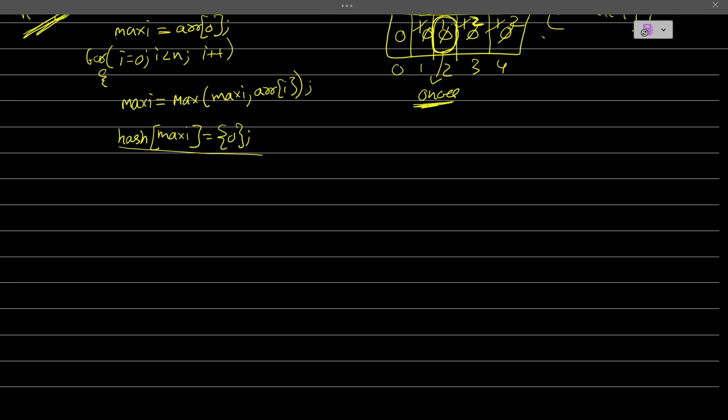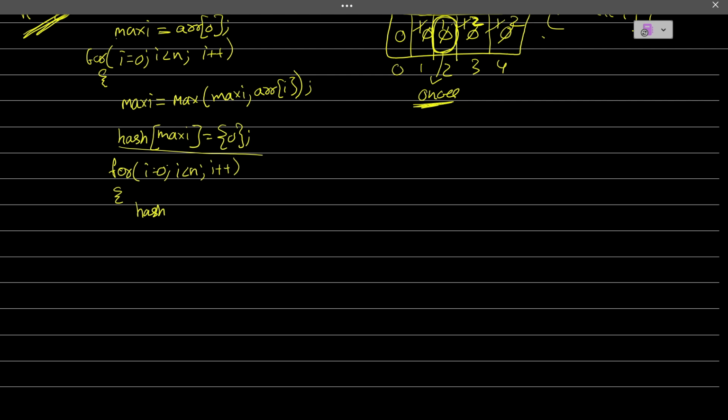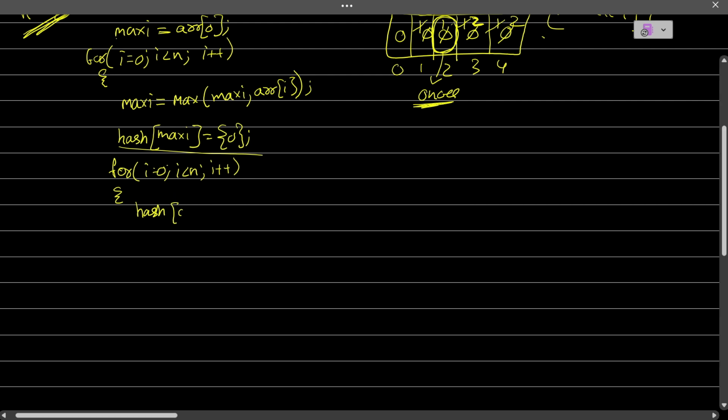Then I write a loop for i equals 0, i less than n, and increment, and I say hash of array of i increment.